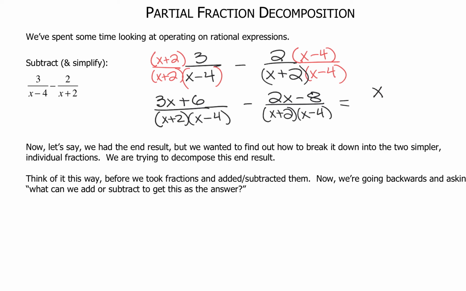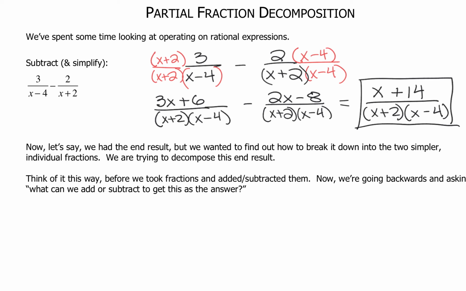Keep in mind that I am subtracting a negative 8, so I'm actually adding 8. So we should wind up with x plus 14 over x plus 2, x minus 4. And I know that there is nothing that simplifies here. So I am just left with this as my difference, right? That is my resulting answer here.